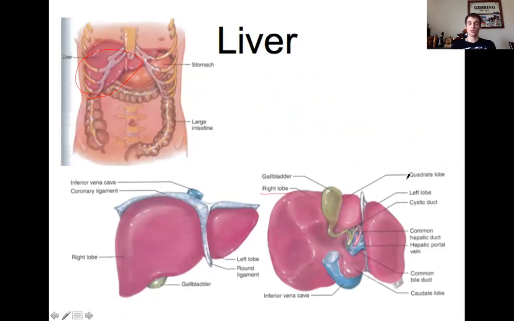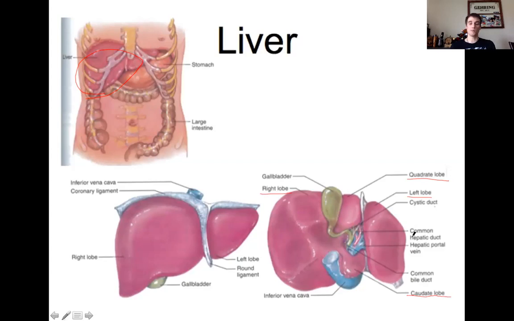You have a quadrate lobe in the back. You have a left lobe on the left side. And then down at the bottom is a caudate lobe. So these are the 4 lobes of the liver that all function to metabolize substances, store the vitamins, store the iron, and break down your toxins.